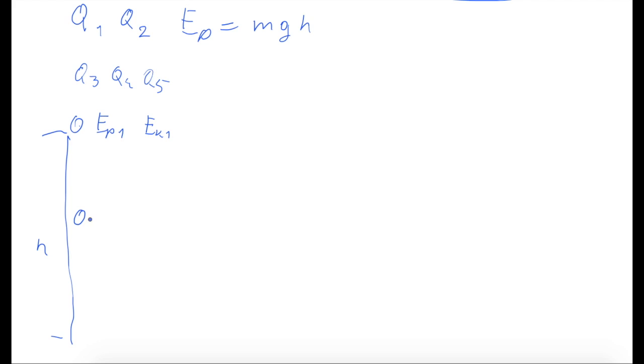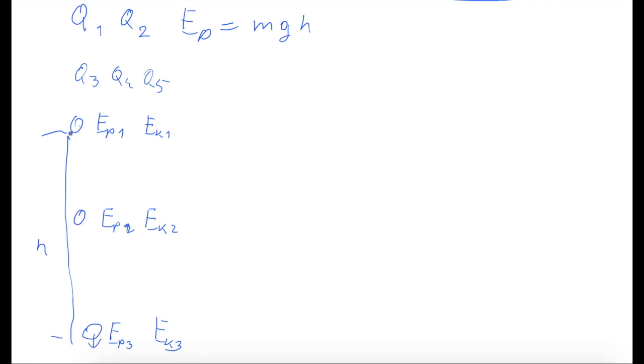Somewhere along its motion, it will have a different potential energy, let's call it 2, and because it's falling down, this potential energy is decreasing, and the kinetic energy is going to increase. And finally, at the final stage of the motion, where the object is very close to its maximum speed, again we'll have some potential energy and some kinetic energy.